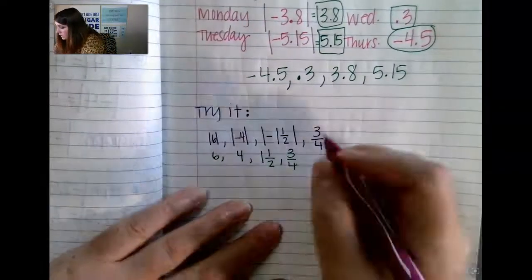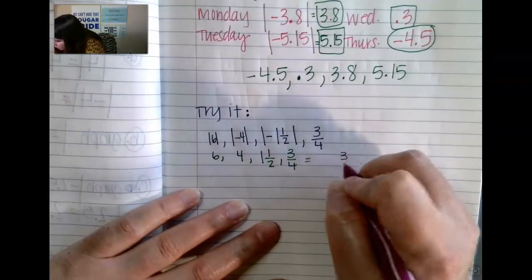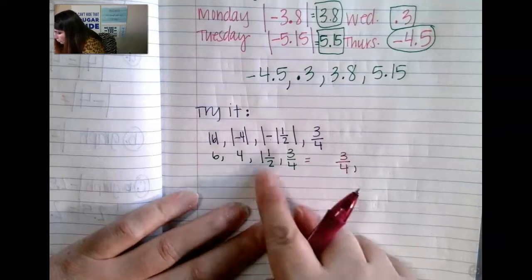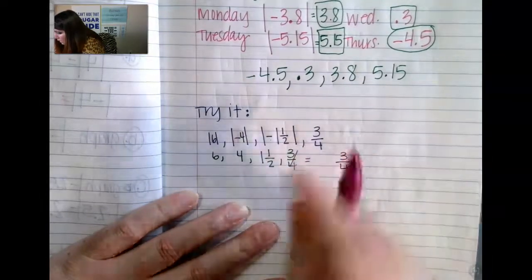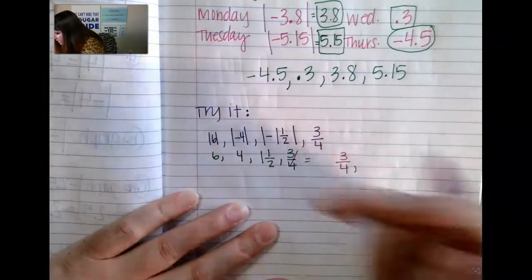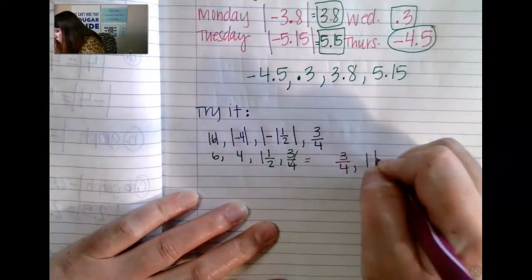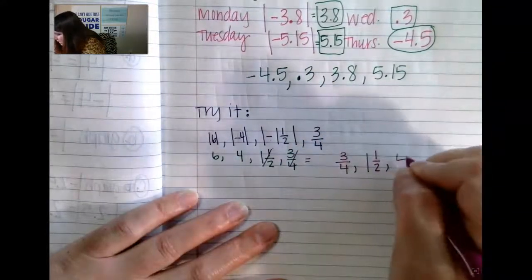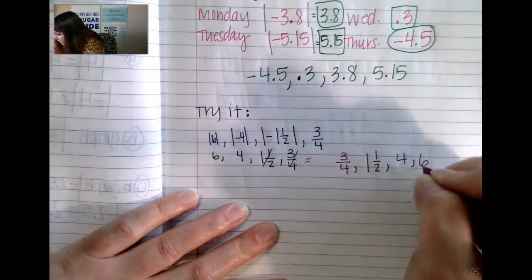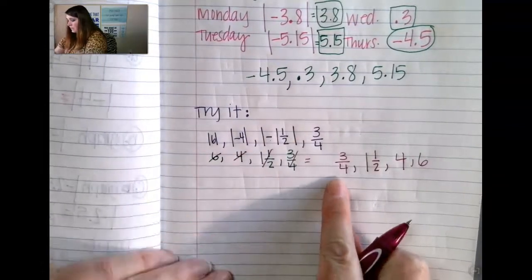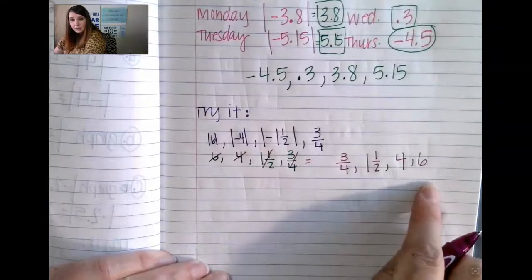So 3/4 is going to go first. Next would be 1 1/2 because it is smaller than 4 and smaller than 6. 4 is next. And 6 is last. That's the greatest. So from least to greatest, how did you do?